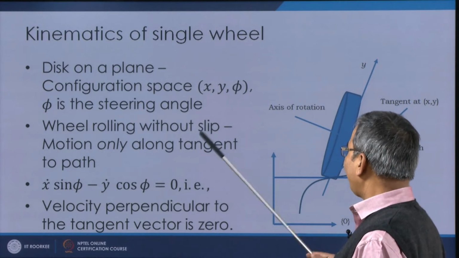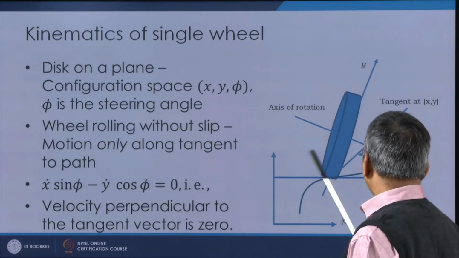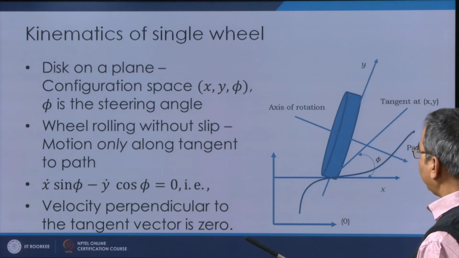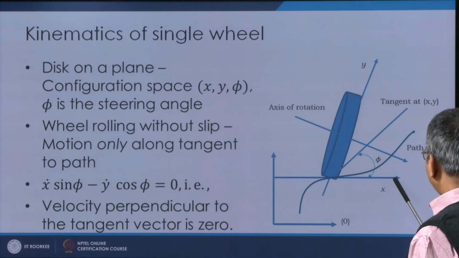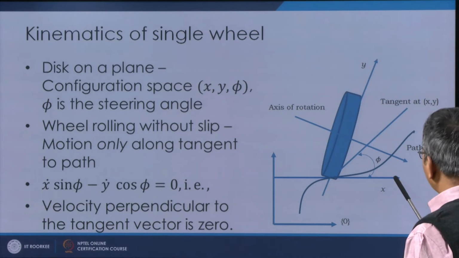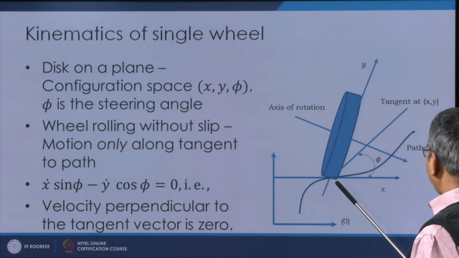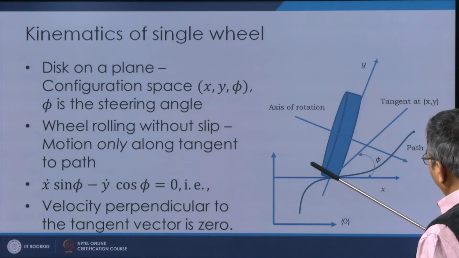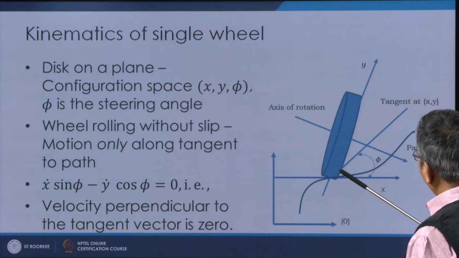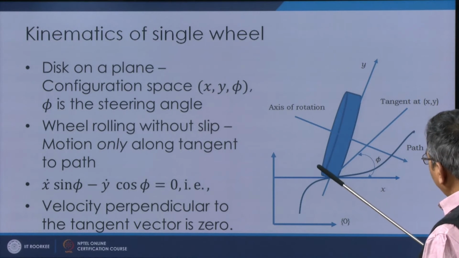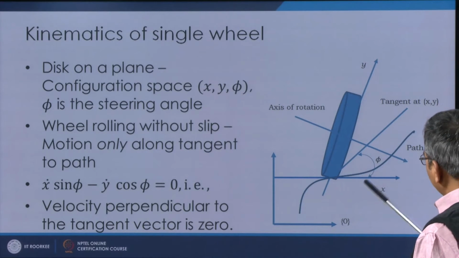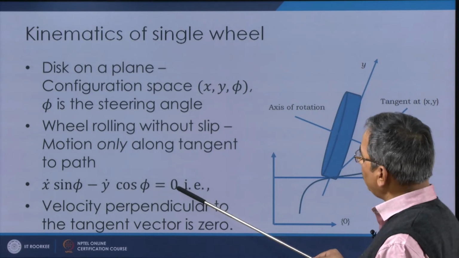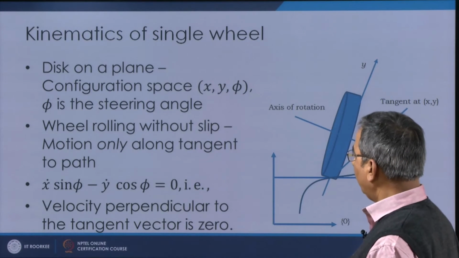So, if we implement the no-slip condition here, then this is the direction for x dot and here is the direction for y dot. Then the perpendicular to the wheel, that is the perpendicular to the tangent. If you resolve these velocities, then that should be equal to 0 because there is no slip.